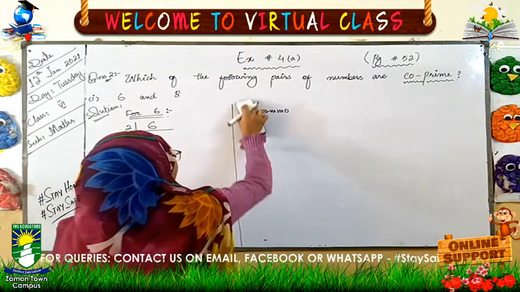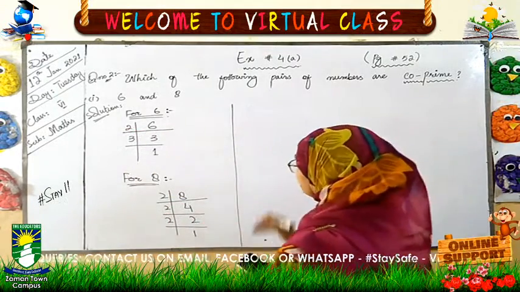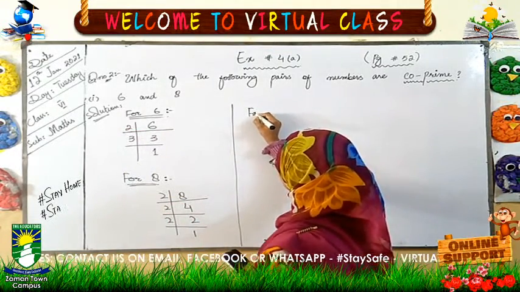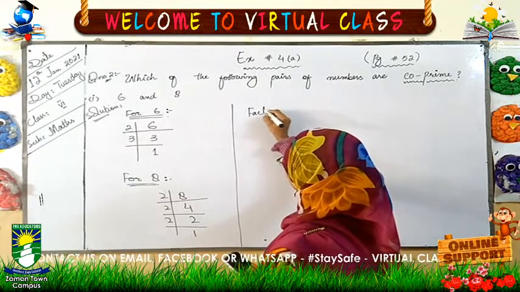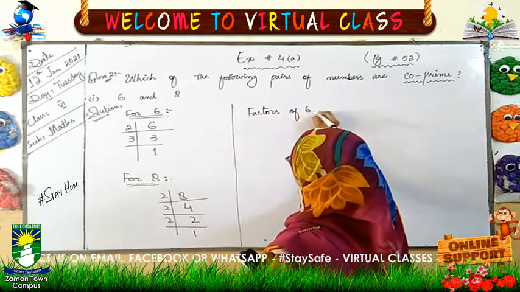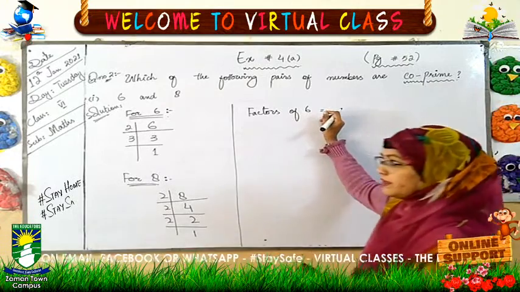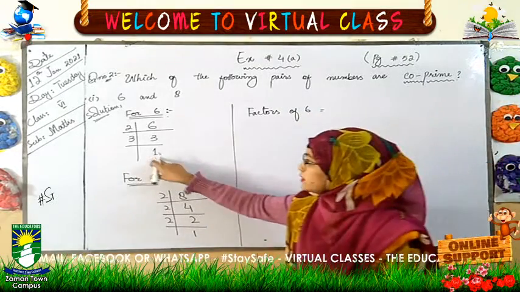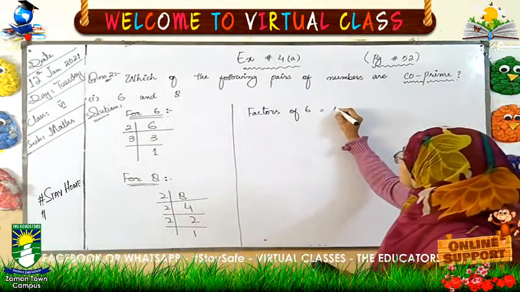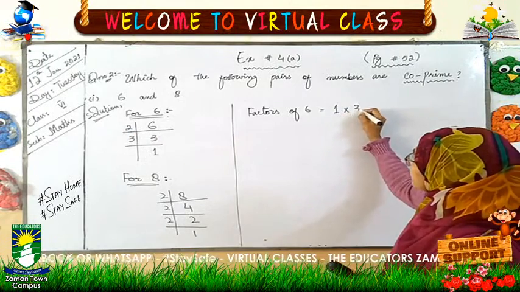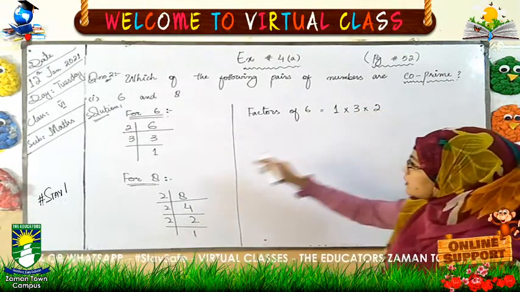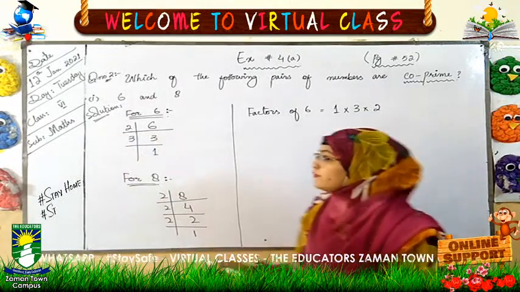First of all, we will write down the factors of 6 and 8. Here you will write factors of 6 equals 1, 3, 2: 1 multiplied by 3 multiplied by 2. These will be the factors of 6.